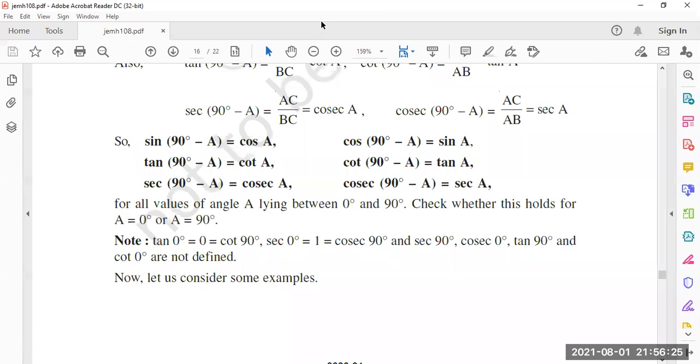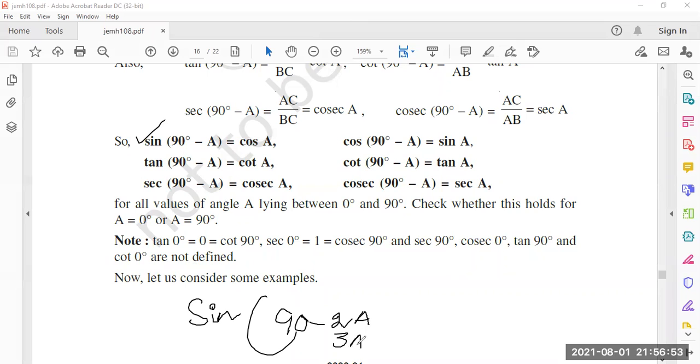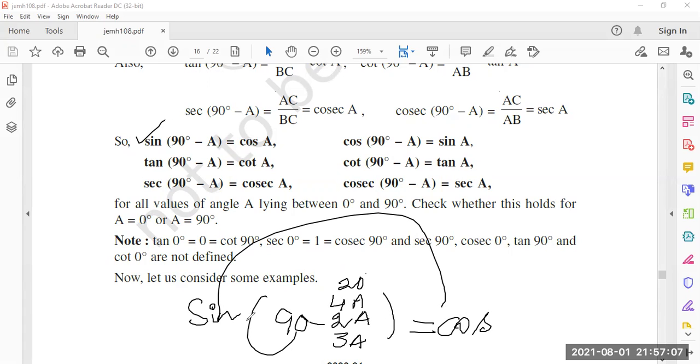Yes, here you can see sine of 90 minus A. Wherever you see an expression where a certain angle is being subtracted from 90, whichever the value it is, maybe 2A, or 3A, or 4A, or even some certain angle like 20, there you can directly write, instead of sine, this is equal to cos, and this 90 will be eliminated, and whatever the angle or value is here will be replaced here.